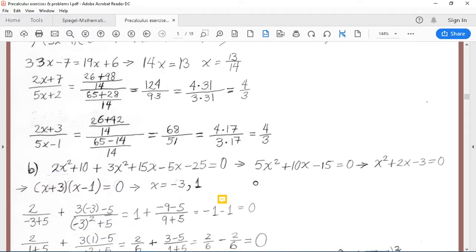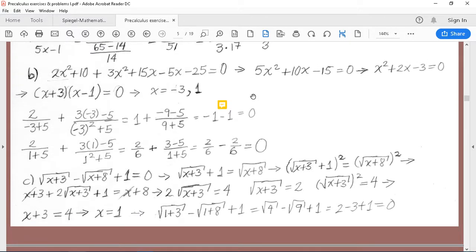Okay, so 2x squared plus 3x squared is 5x squared, 15x minus 5x is 10x, 10 minus 25 is minus 15. So we are left with 5x squared plus 10x minus 15 equals 0.